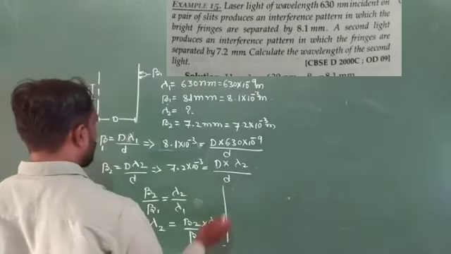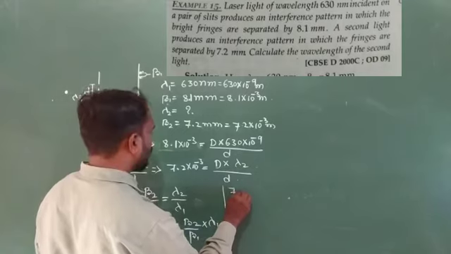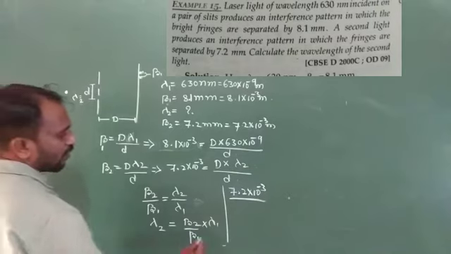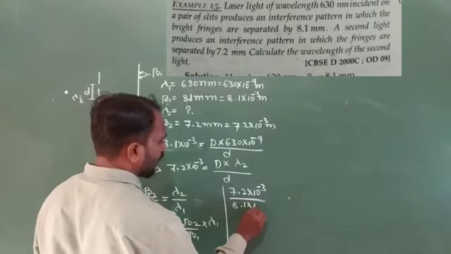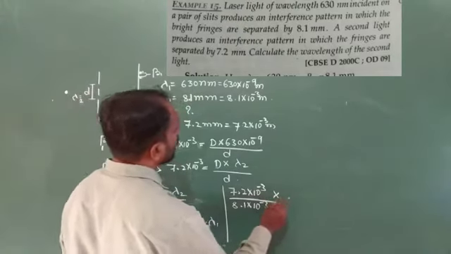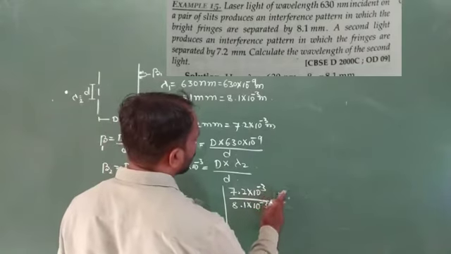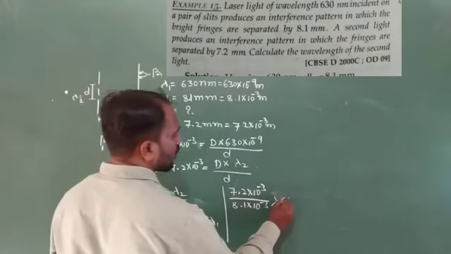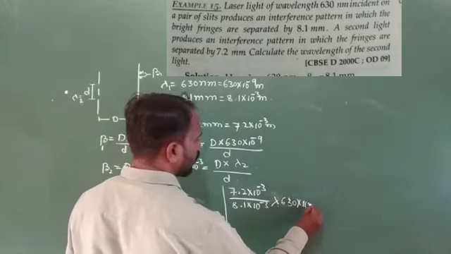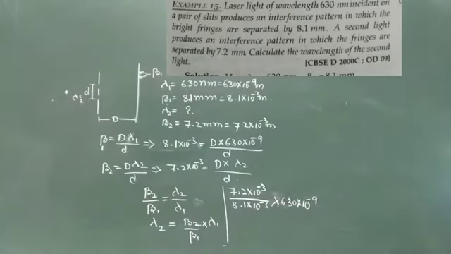So beta 2 value is 7.2 into 10 power minus 3, divided by beta 1 value 8.1 into 10 power minus 3, into lambda 1, so lambda 1 value is 630 into 10 power minus 9. Okay, 7.2 into 10 power minus 3 divided by 8.1 into 10 power minus 3 into 630 into 10 power minus 9.